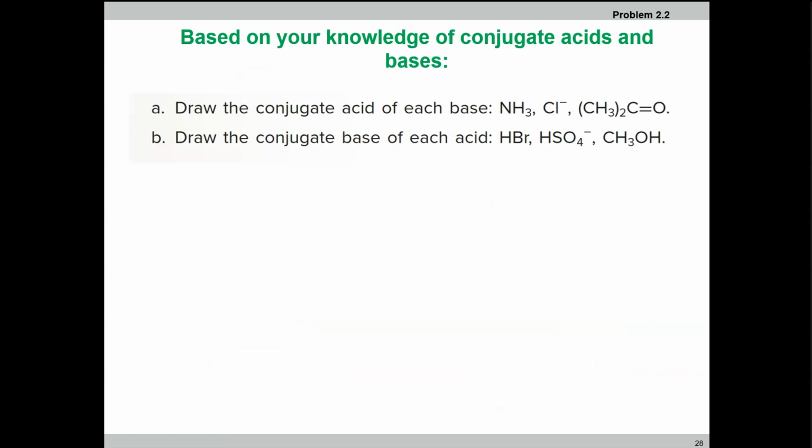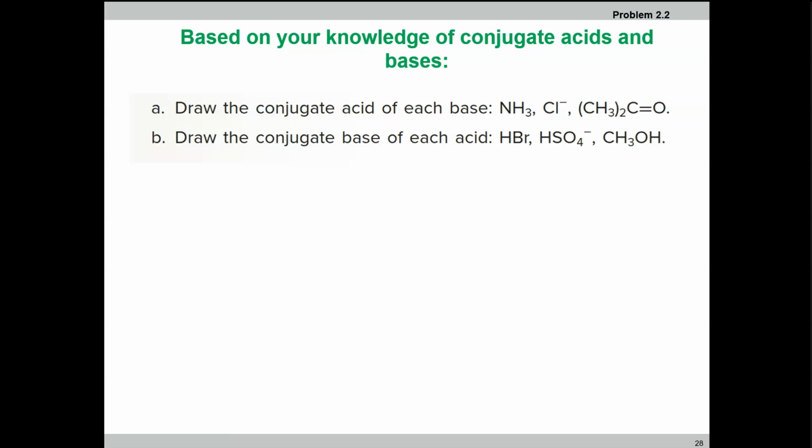All right, some more practice for your understanding of acids and bases. So I want you to draw the conjugate acids of each of the following for A and the conjugate bases for the acids listed in B. So for A, we're going to add a hydrogen.